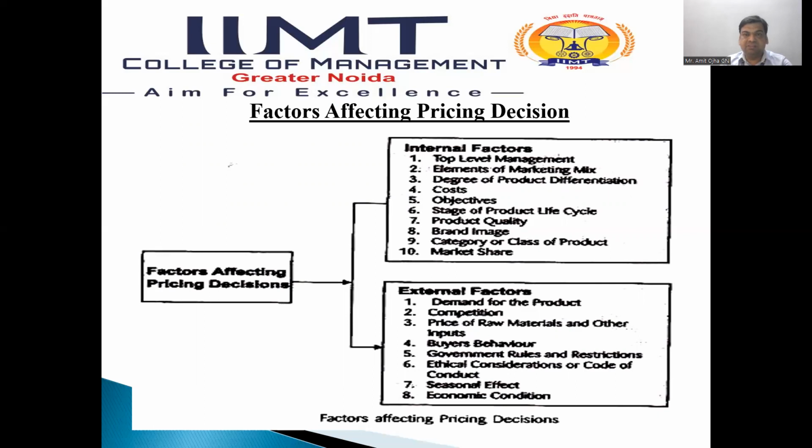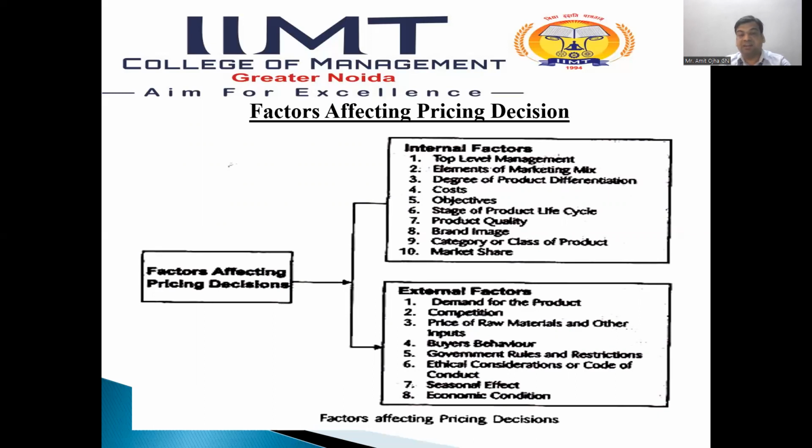Here are some reasons which can affect our pricing decisions. First, in internal factors: top level management, elements of marketing mix, degree of product differentiation, cost, objective, stages of product life cycle, product quality, brand image, category or class of product, and market share.